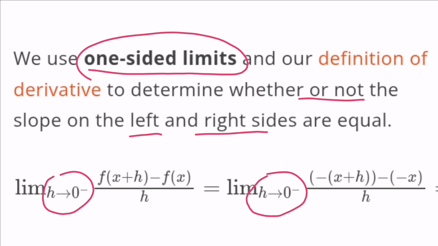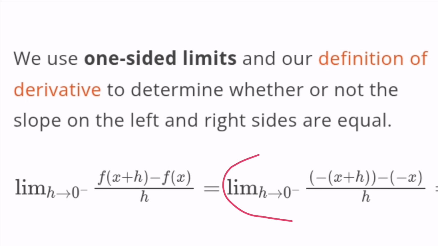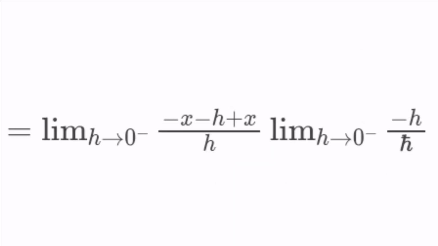But the given function from the negative side is equal to minus (x+h) minus (minus x) divided by h. Now this limit becomes limit h tends to 0 through the negative side of minus x minus h plus x divided by h.